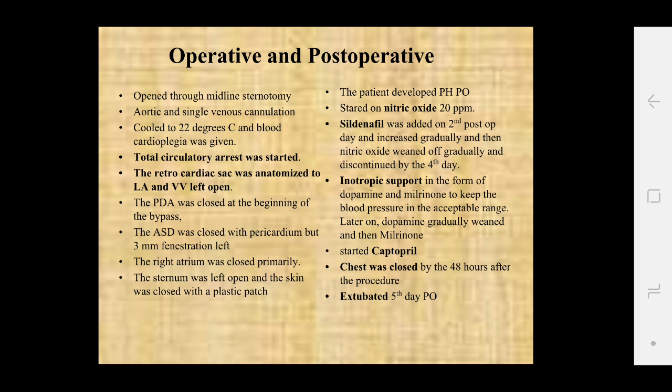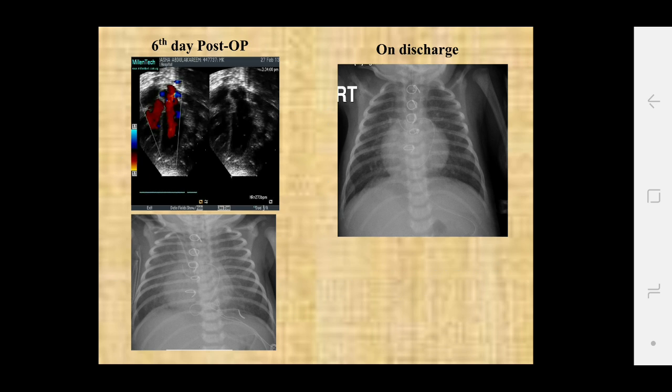The patient was stabilized for a while, and the surgeon decided to repair after a week from delivery. This is the X-ray on discharge. Both lung fields became much clearer, and the patient survived. The patient is now 5 years old.